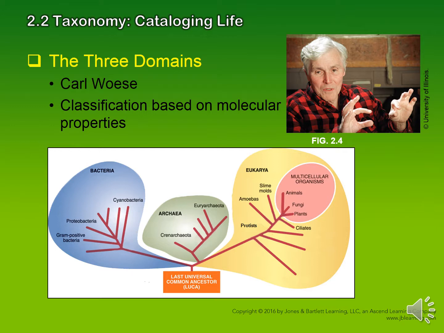We sort of have a feel already for what bacteria are. Archaea are bacteria-like things, but things that live in extreme environments. And then eukarya are typically the big things like animals, plants, and fungi.